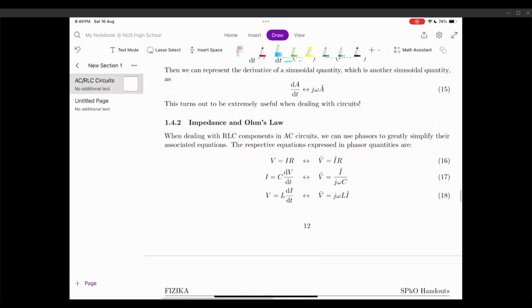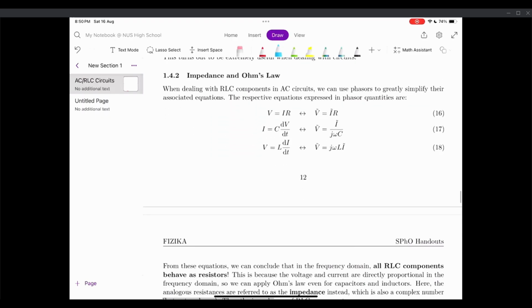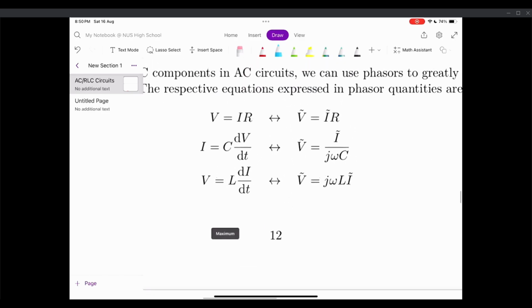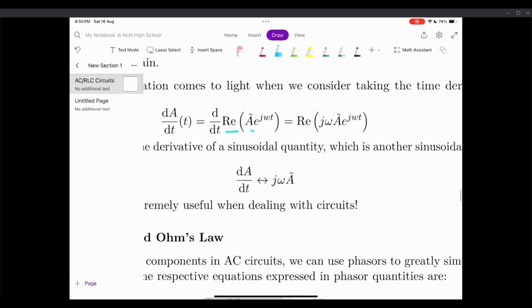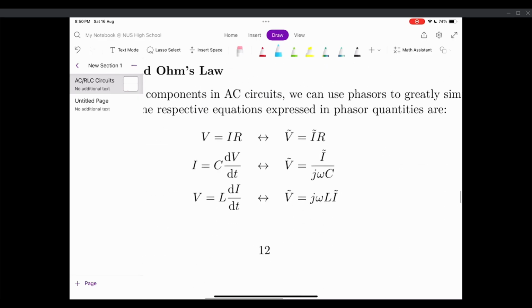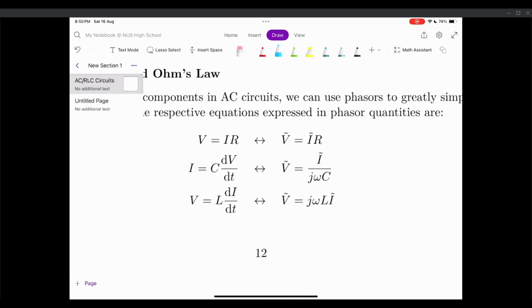So with that, we then come to this concept called impedance. What exactly is impedance? It's sort of complex resistance. When you deal with RLC components and AC circuits, what phasors do for you is that when you convert stuff from the time domain to the frequency domain, and you apply this derivative here, what you get is these three equations.